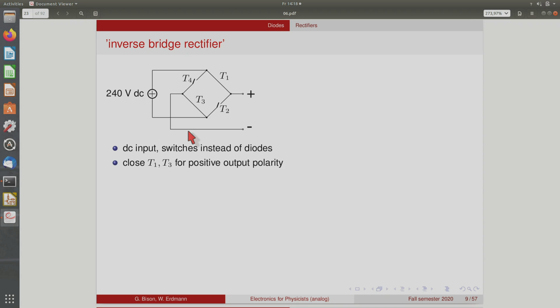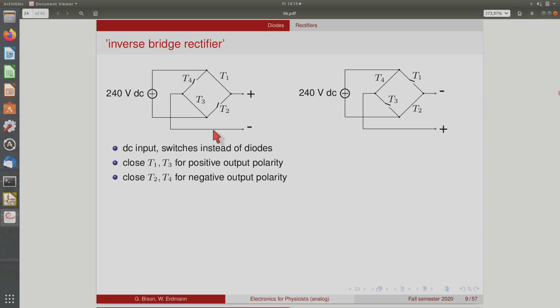So when you, for instance, come in with 240 volt DC on this side with positive polarity here, and you open these 2 switches and you close these 2 switches, then you have the plus 240 here and the minus and 0 here, for instance.